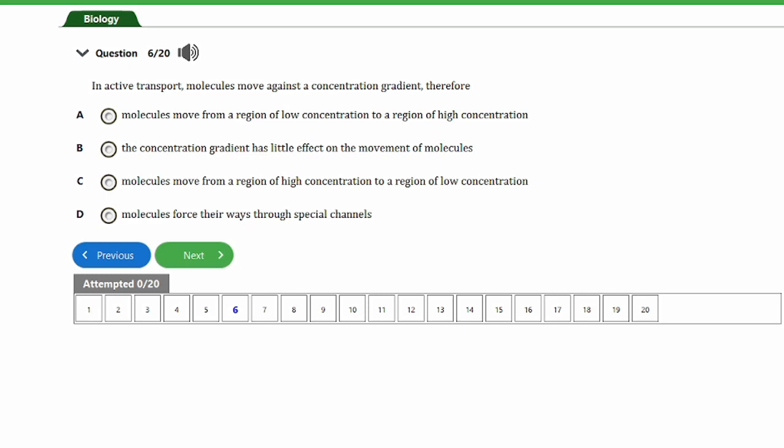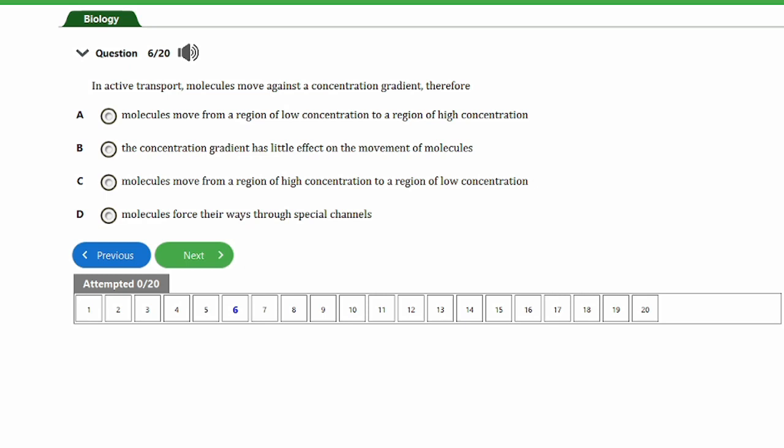In active transport, molecules move against a concentration gradient, and this interpreted means that the molecules move from a region of low concentration to a region of high concentration.